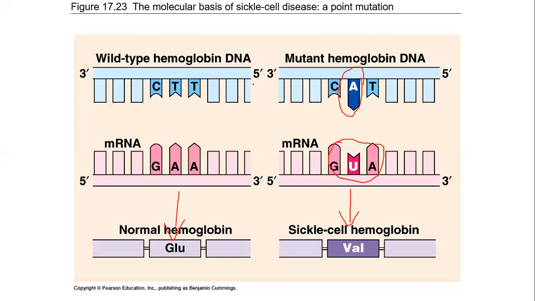A mutation is a mistake. When the DNA has the wrong base in it, in the spot where the T is supposed to be, there's an A instead. You put the wrong amino acid in, the protein doesn't work right, and the hemoglobin doesn't carry the oxygen or make the cell work the way it's supposed to. And your red blood cells become the wrong shape and they don't work very well.